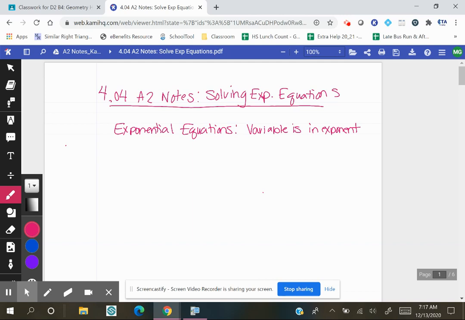So to do that, we're going to first try to get the bases to be the same. And eventually we're going to talk about another method, which is using logarithms to solve these as well. Get the bases to be the same. And when you do that, just a note here, you always want to try to change the bigger one first.